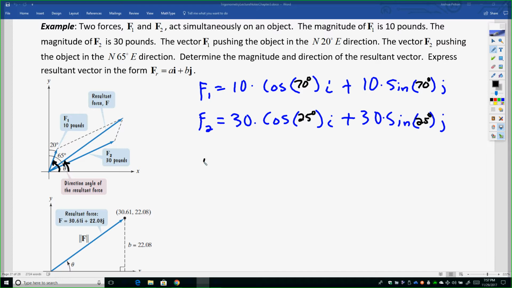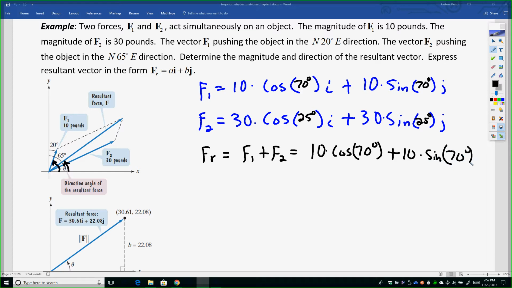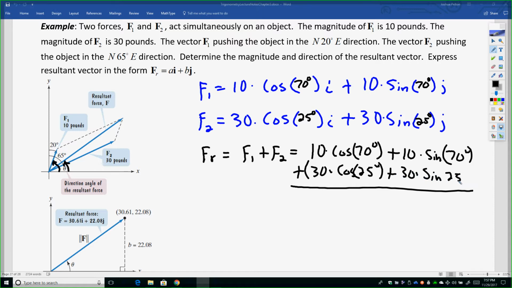So our resulting force vector is, in fact, F1 plus F2. So we have to add them up. So basically we have to do 10 times the cosine of 70 degrees plus 10 times the sine of 70 degrees plus 30 times the cosine of 25 degrees plus 30 times the sine of 25 degrees.